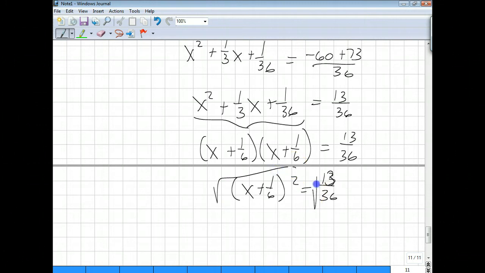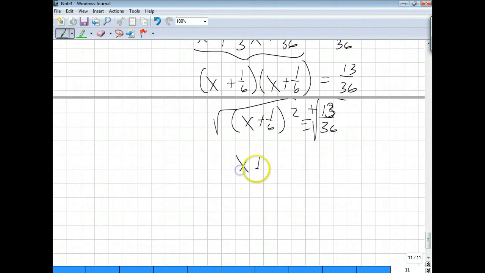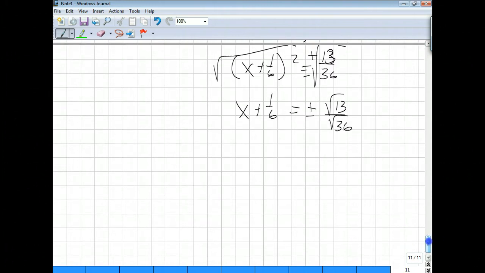Now take the square root of both sides. And so I get x plus 1/6 equals plus or minus square root of 13 over square root of 36. Simplify, we get this. Subtract 1/6 from both sides.